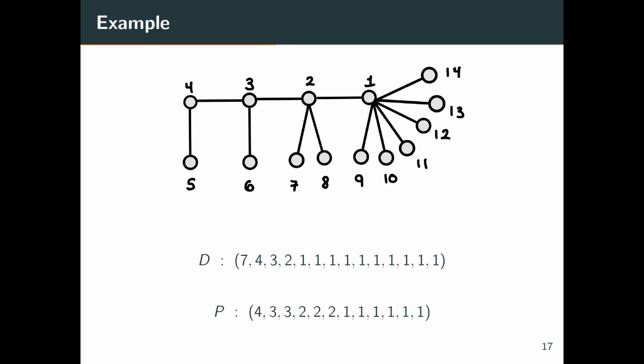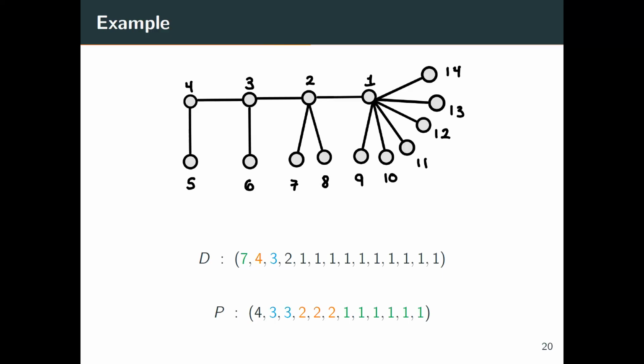And here we have the Prüfer sequence associated to this tree. So, for example, if you look at vertex 1, the degree of this vertex is 7, and the number 1 in the Prüfer sequence appears 6 times, 1 less than the degree. That also happens with vertex 2. Its degree is 4, and it appears 3 times in the Prüfer sequence.